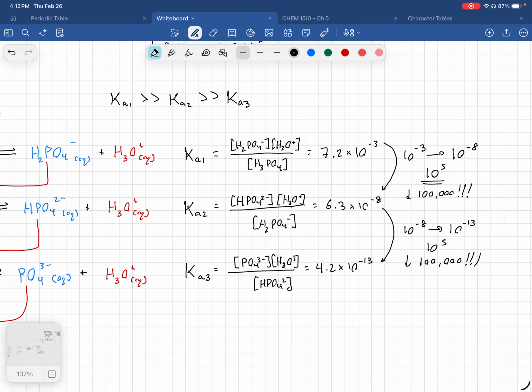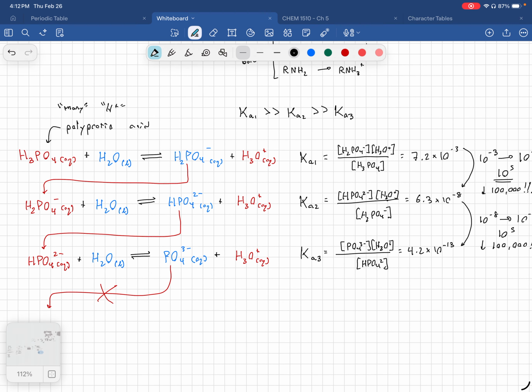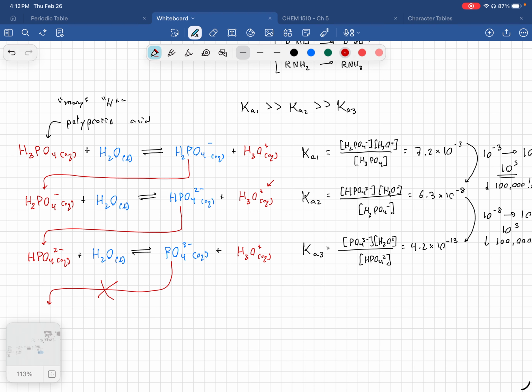What we're showing here is that the ability to remove protons, the next proton becomes hampered. It gets harder and harder to remove the next proton.